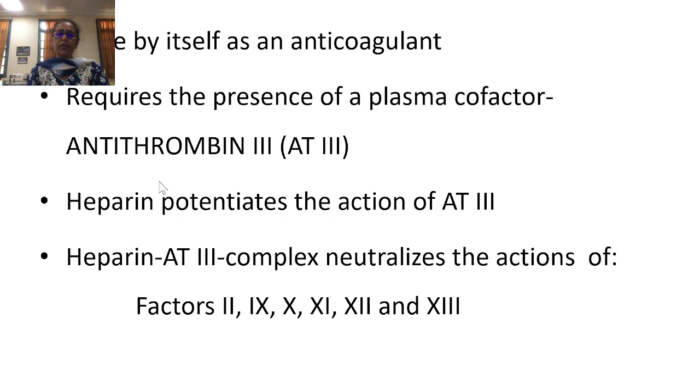Antithrombin inhibits the conversion of prothrombin to thrombin. Heparin potentiates the action of antithrombin 3. This is one method by which it produces an anticoagulant effect. Another is that the heparin-antithrombin complex neutralizes the actions of factor 2, 9, 10, 11, 12 and 13.